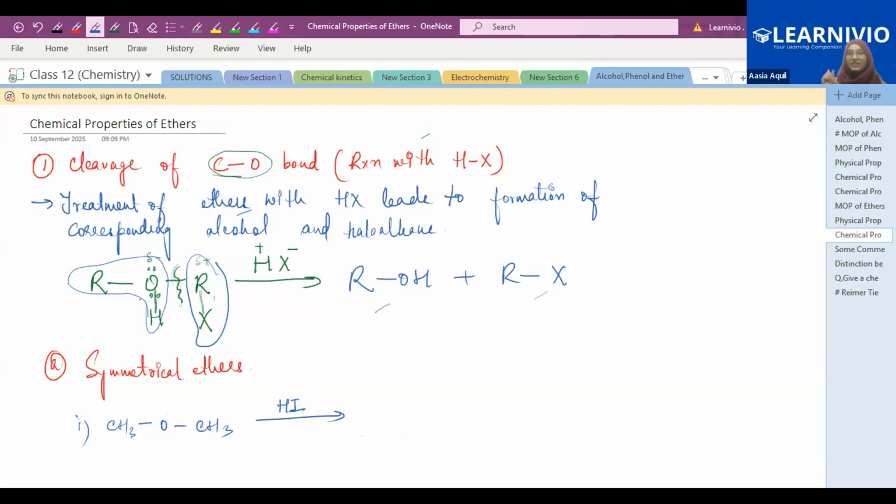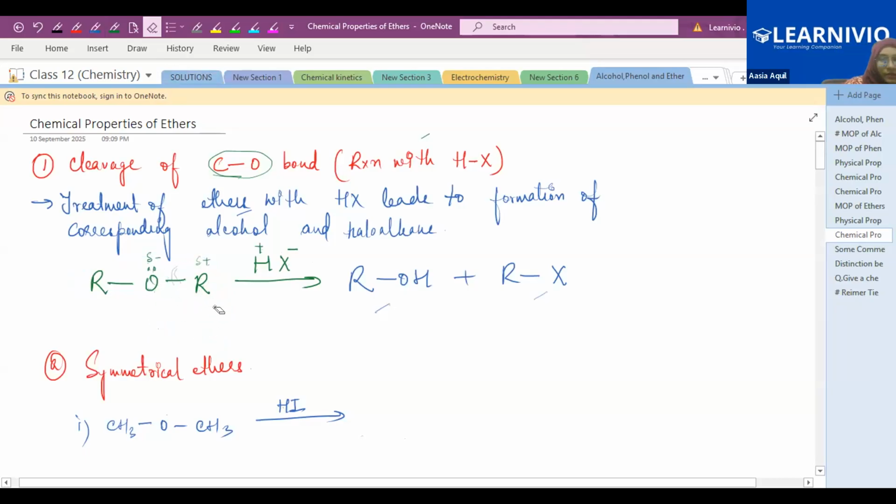You are supposed to cleave the carbon and oxygen bond, any C-O bond. You can also do it like this. If it is a symmetrical type of ether, you can cleave any bond. Suppose this oxygen and this R on the left side.